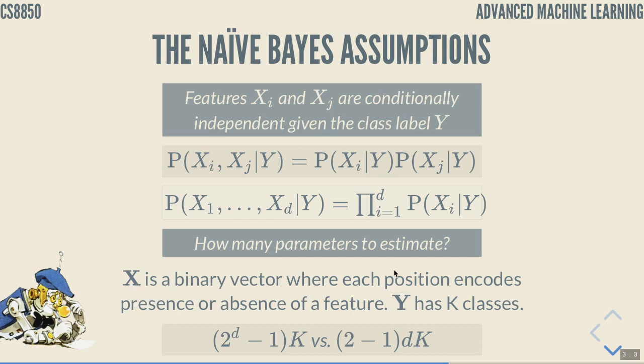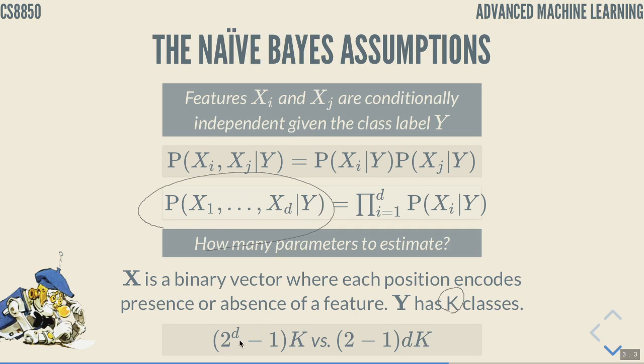So X is a binary vector where each position encodes presence or absence of a feature, and Y has K classes. So X is binary, each x_i is either 0 or 1. How many parameters do we need to estimate if we are to model this probability distribution?